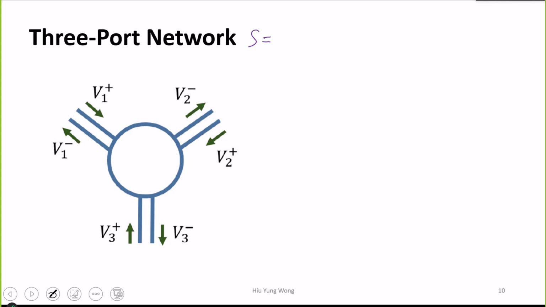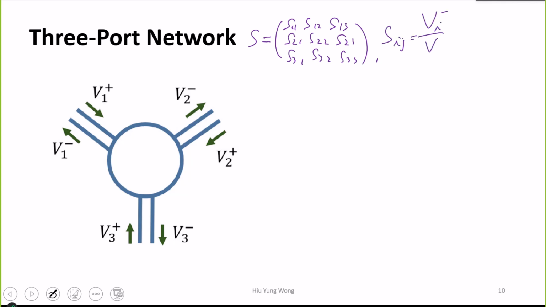S equal to S11, S12, S13, S21, S22, S23, S31, S32, S33, right? With Sij equal to Vi minus over Vj plus, when Vk plus equals 0 when k is not equal to j.